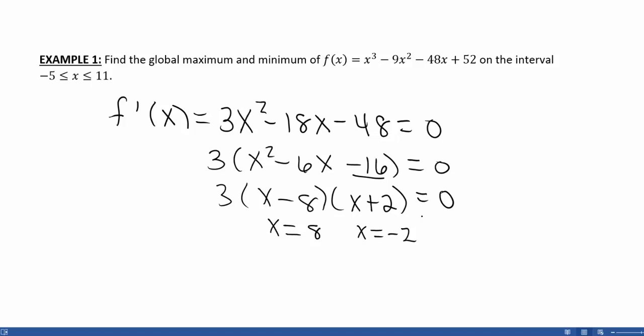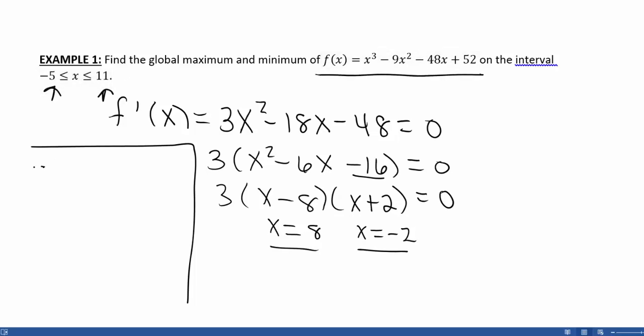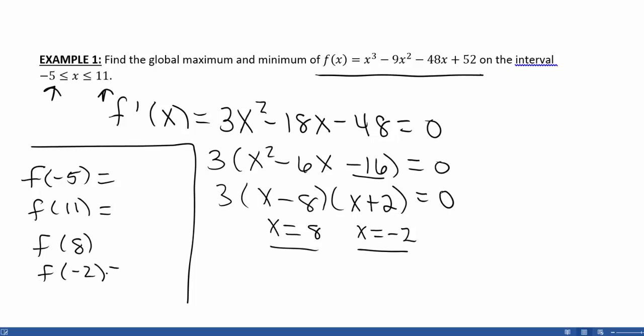So now what I need to do is test each critical point as well as each endpoint in the original function. So I'm going to take f of -5 and f of 11. Those are my endpoints. And I'm also going to test f of 8 and f of -2.